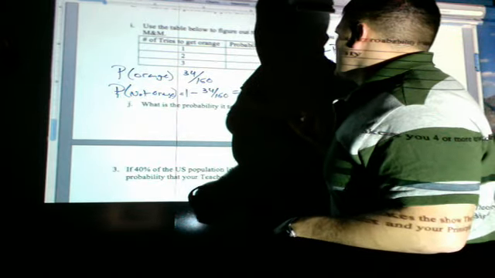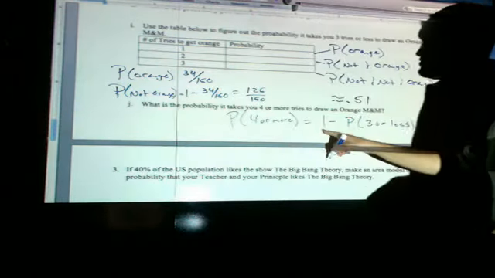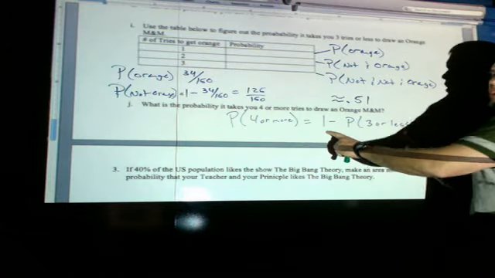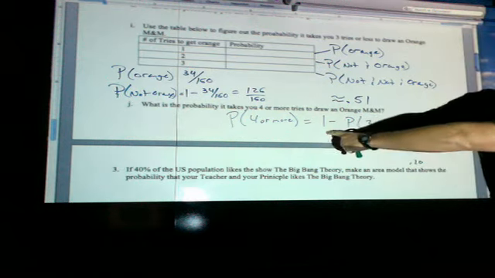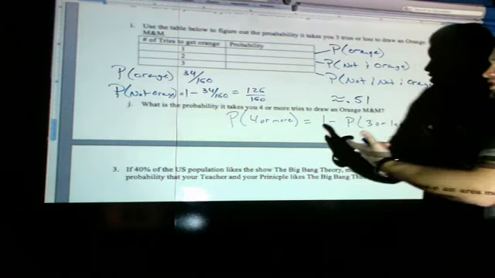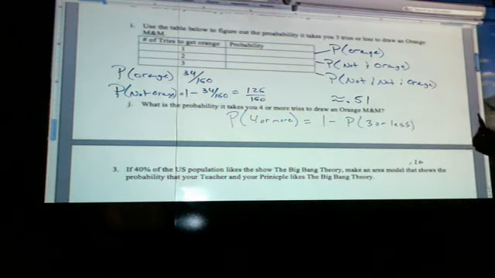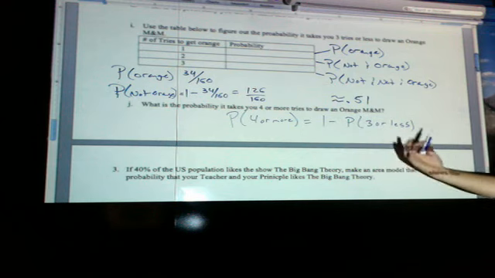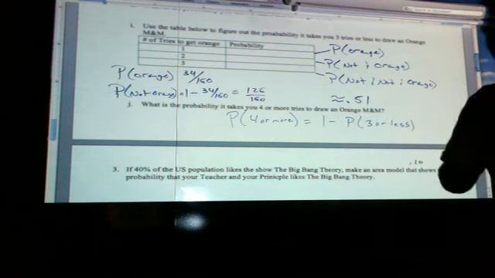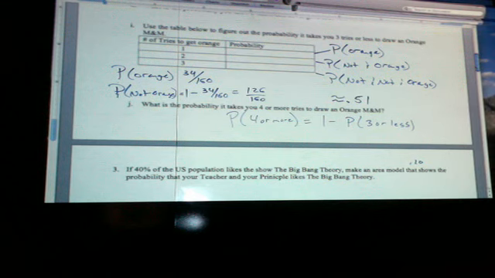To find the probability of 4 or more, we do 1 minus the probability of 3 or less. Once again, that's because these 2 should add to 1. The probability of drawing an orange M&M over the whole span of that bag is going to be 1. So hopefully that is helpful.